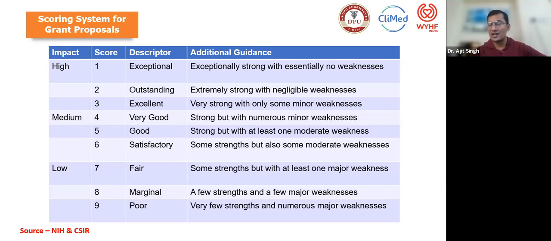Those are major weaknesses. Then marginal and poor: few strengths but few major weaknesses, or few strengths but numerous weaknesses. It's called a very poor or poor kind of scoring for your grant proposals.